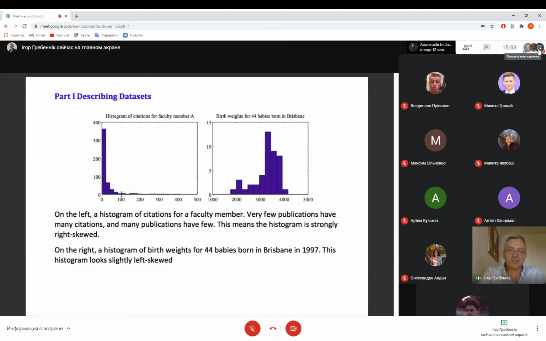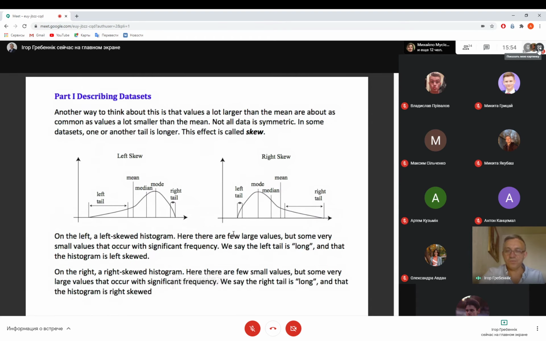But very few papers have about 100 citations. If a paper has many citations, the paper is good, popular, and used in the scientific work of other authors. This is a histogram like a right skew.